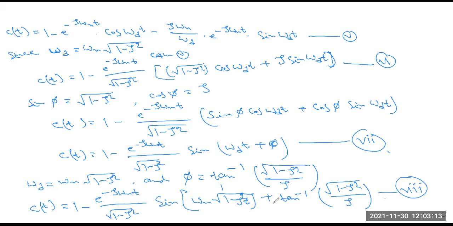We apply this in equation 5. Then sine phi equals root over of 1 minus zeta square, and cos phi equals zeta. When you apply this, the formula comes: c(t) equals 1 minus this, using sine a cos b plus cos a sine b.